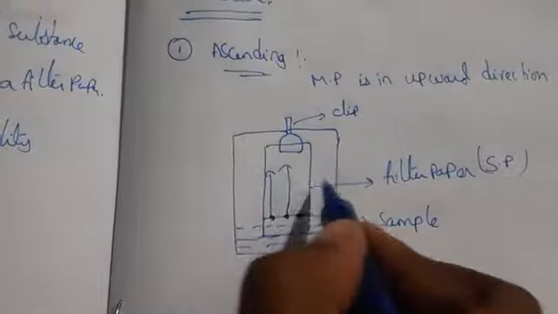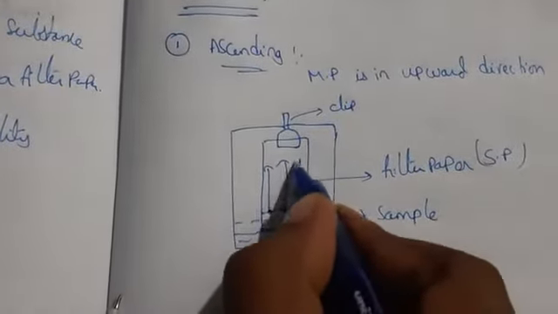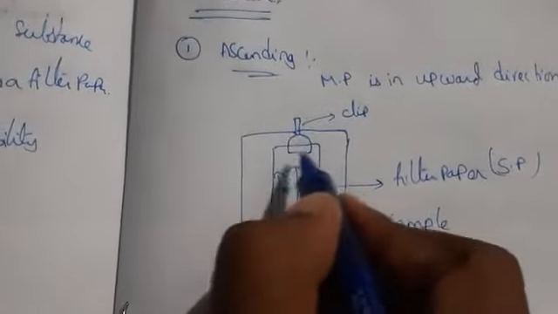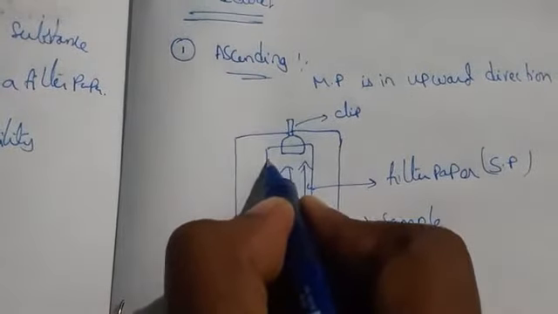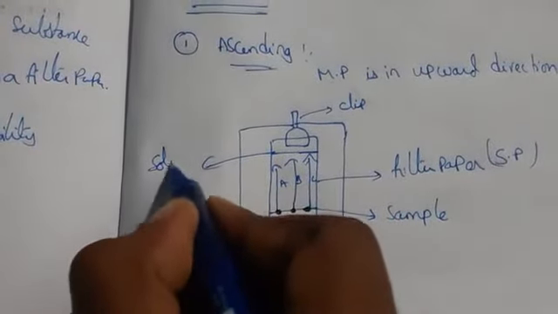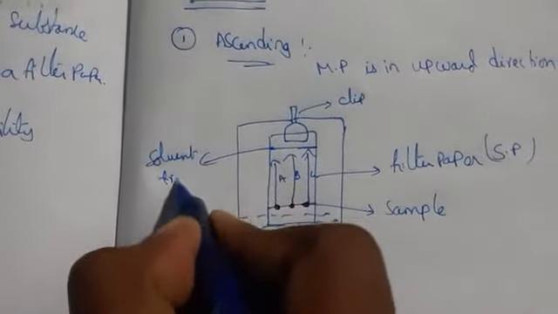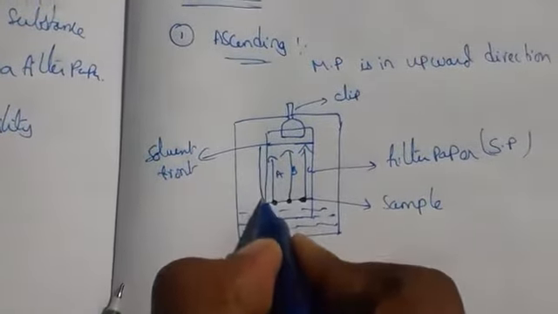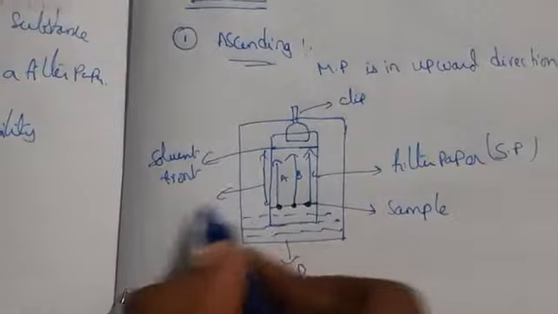A gives one direction, B gives one direction. So this is A, B, C; three samples we have taken. Now we also have to see the solvent front.